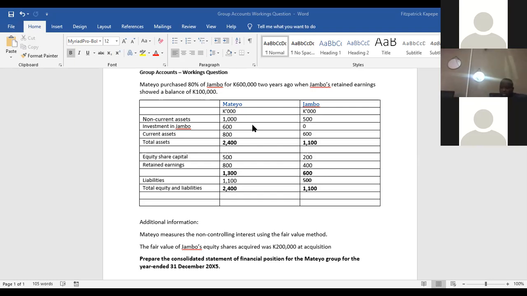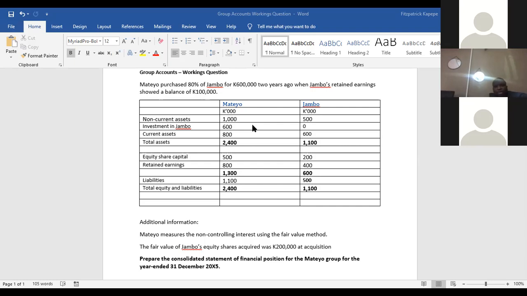Let me just get the 450. The way we came up with the 450, 450 was given in the question. Yeah, it was given. Now it's not given. It's given now. We are given 200, the fair value.